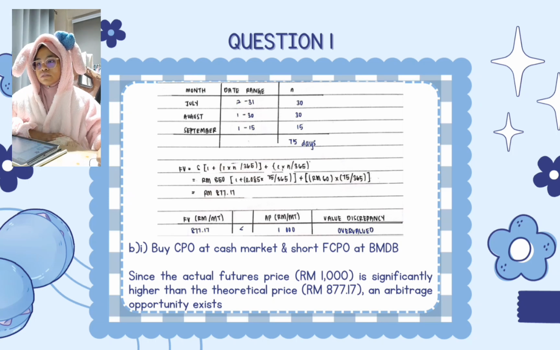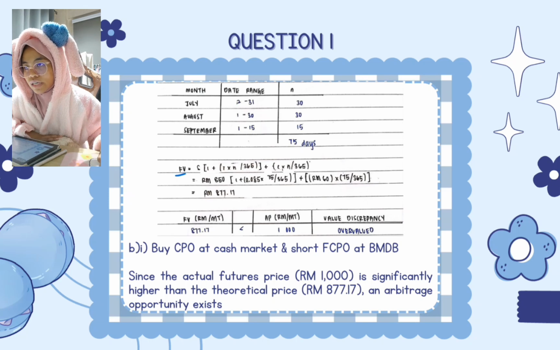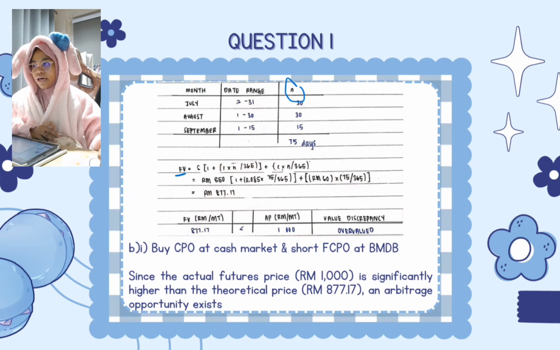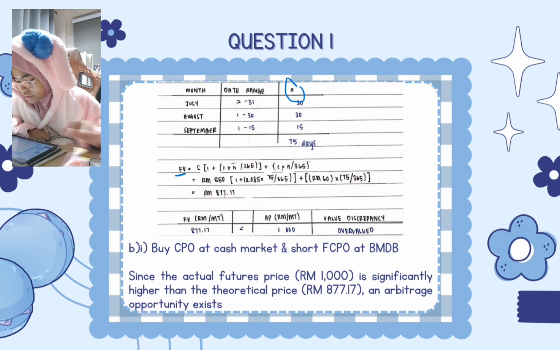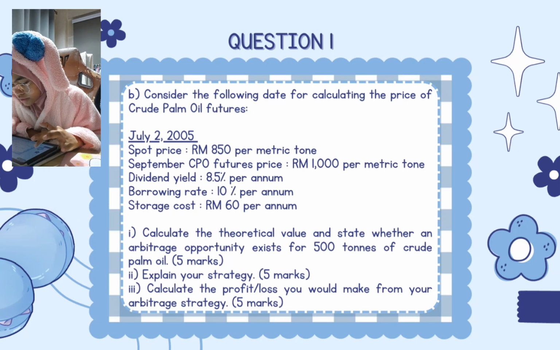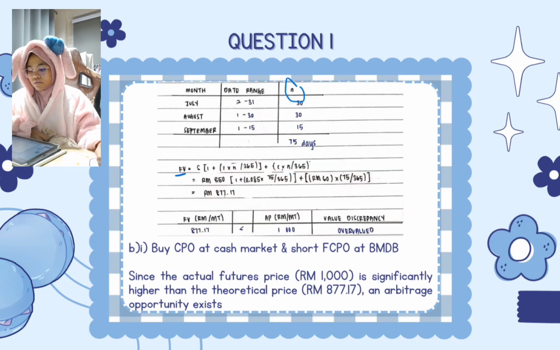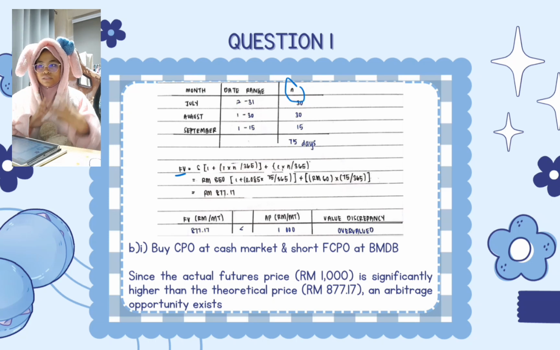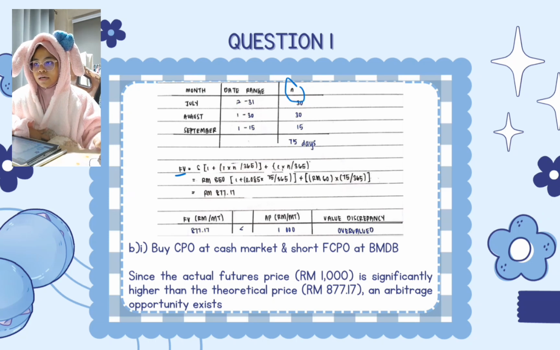So in order to calculate the fair value, you must find n first. So to calculate n, July 2, 2005. So from 2 July to 31, we have 30 days, and then August 1 to 30 is 30 days, and then September 1 to 15, which is 15 days.